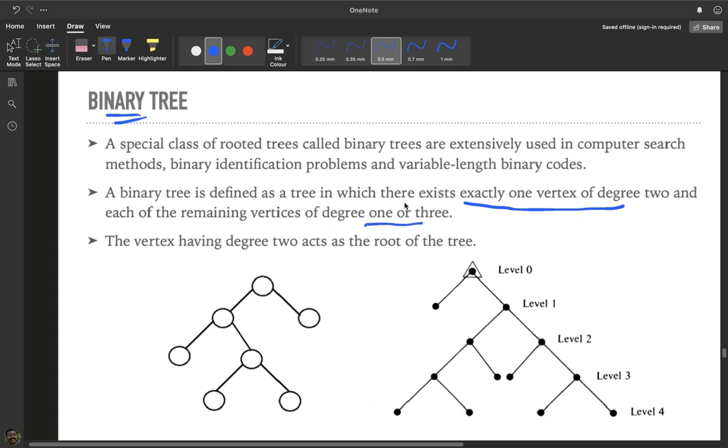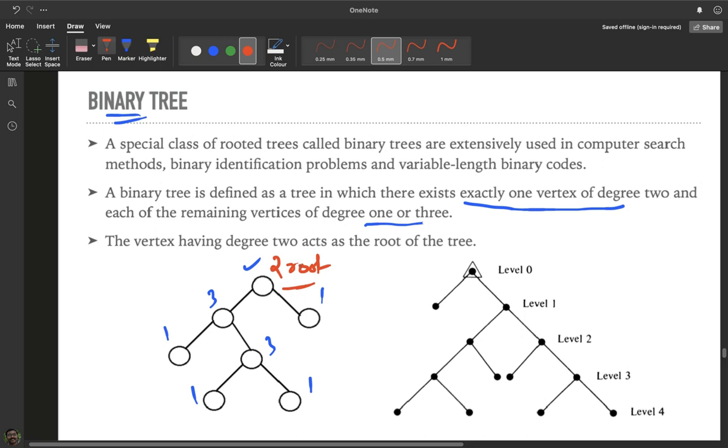For example, if you look at this one, this vertex has degree 2, this vertex has degree 3, this has 1, this has 1, this has 3, 1, 1. So there is exactly one and only one vertex with degree 2, and every other vertex has degree 1 or 3. Such a graph is called a binary tree. This vertex which has degree 2 is distinguished from all other vertices, so it will act as the root of that binary tree. So the vertex having degree 2 will be the root of that binary tree.